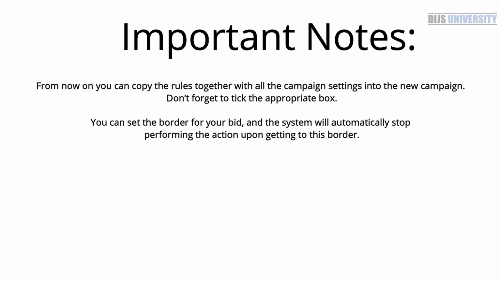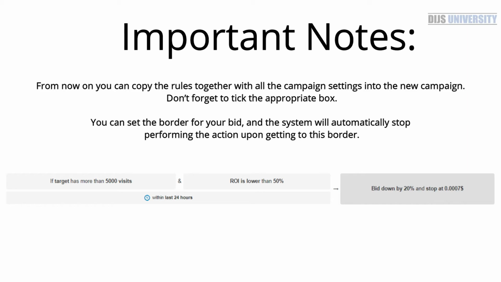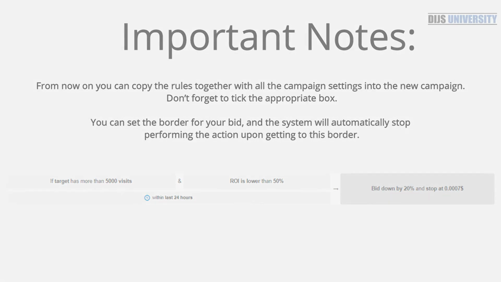From now on, you can copy the rules together with all the campaign settings into a new campaign, so don't forget to tick the appropriate box. Also, you can set the border for your bid, and the system will automatically stop performing the action upon getting to this border.